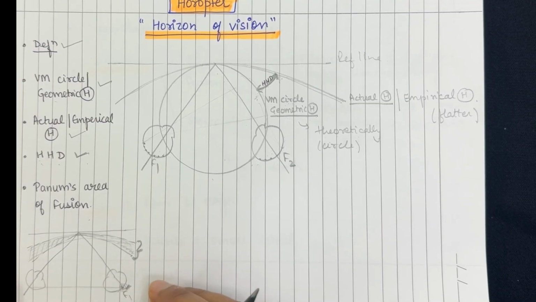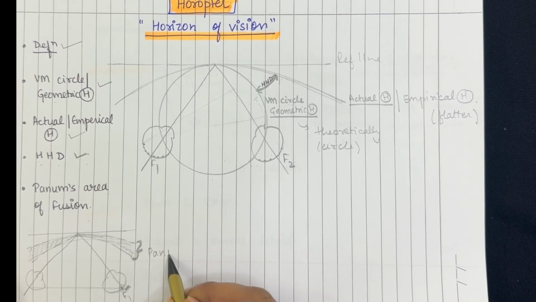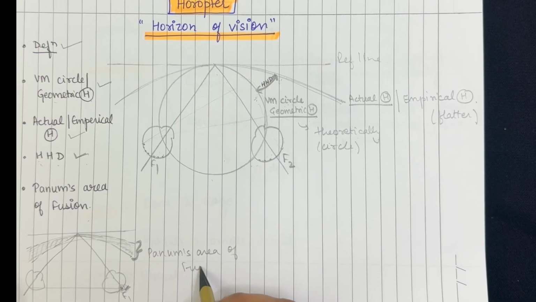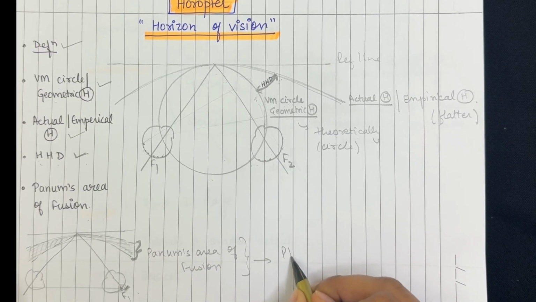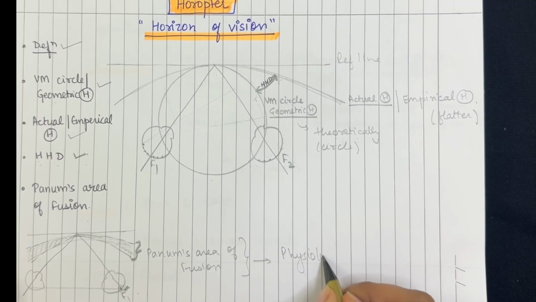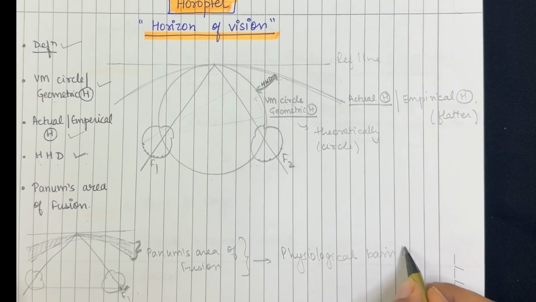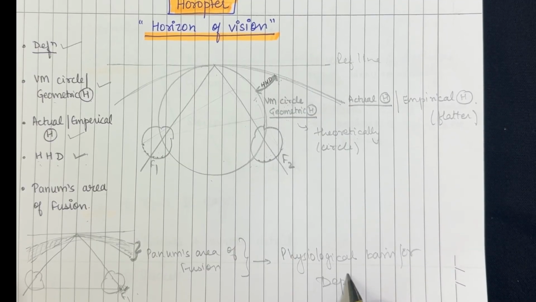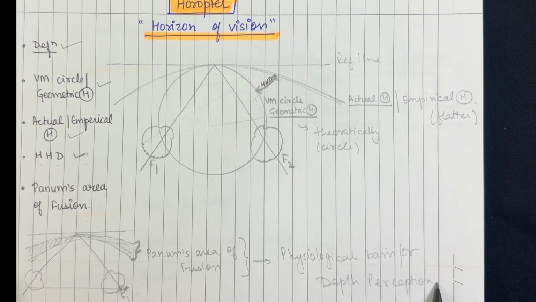Despite the disparity, there is no diplopia in this region, and this is called Panum's area of fusion, right? And this is the area which is responsible for the physiological basis for depth perception.